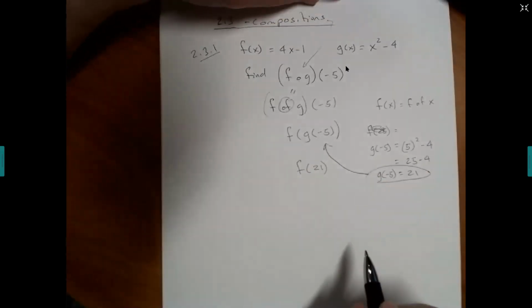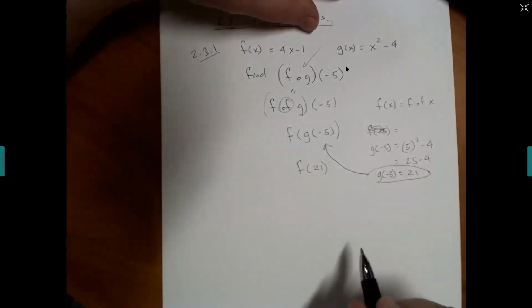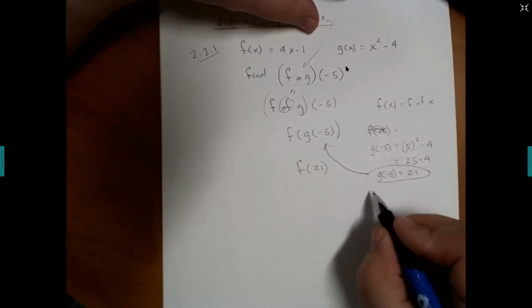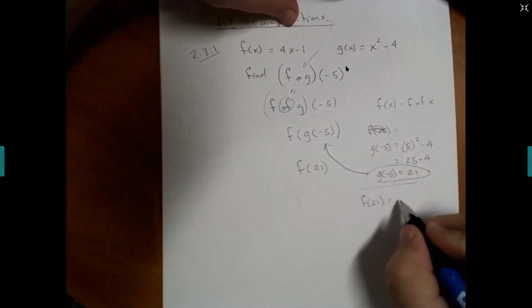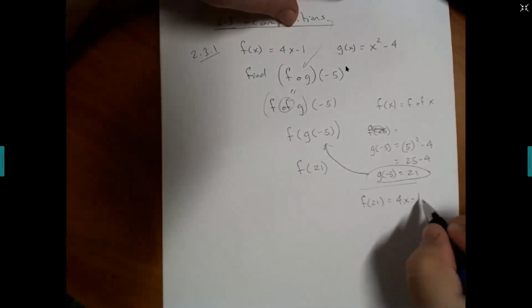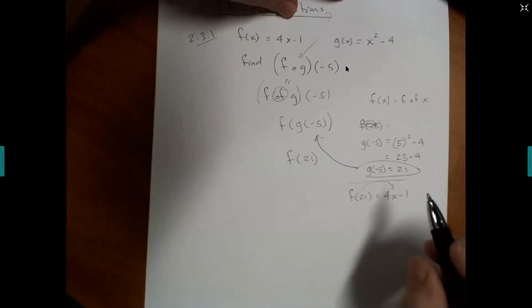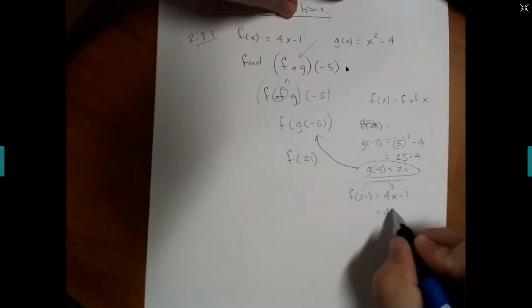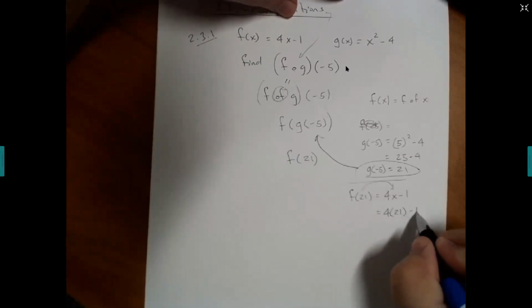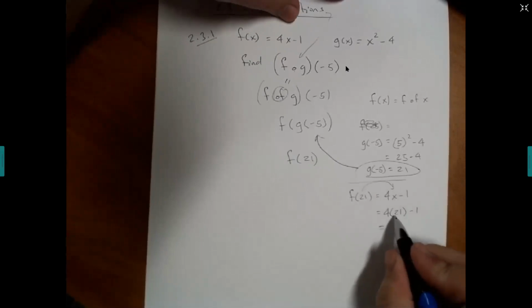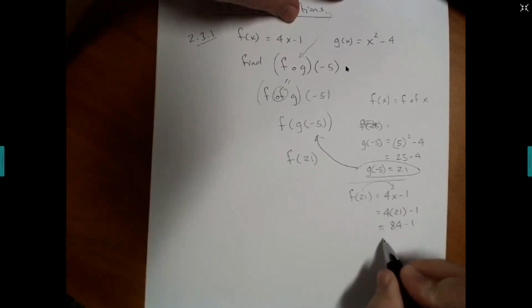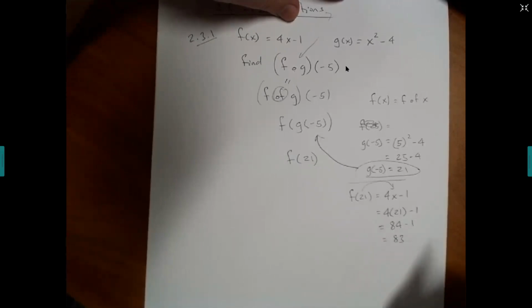So now we have that. Now we have to find f of 21, which is 4x minus 1. Anywhere you see an x, put a 21. 4 times 21 minus 1. 4 times 21 is 84 minus 1 is 83.